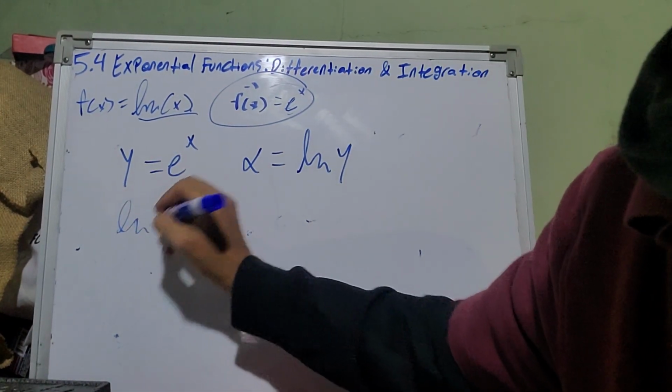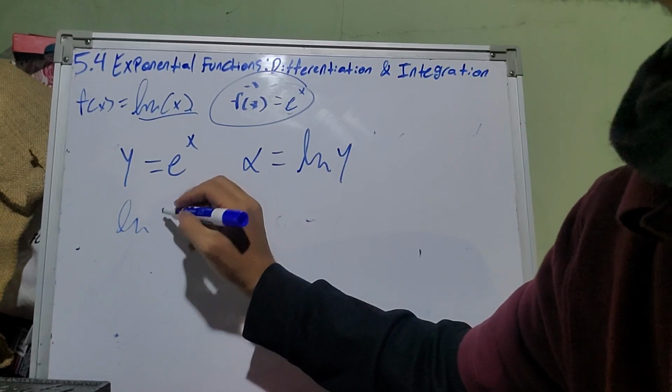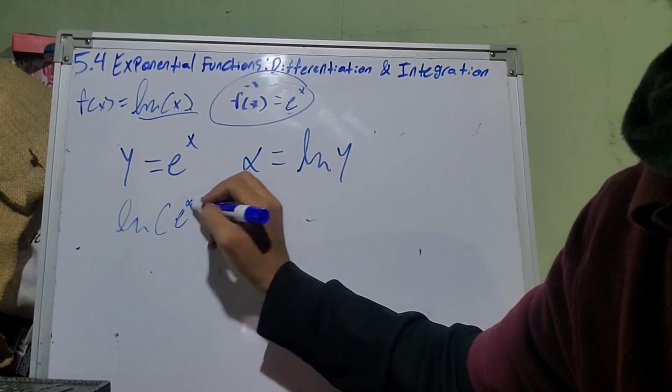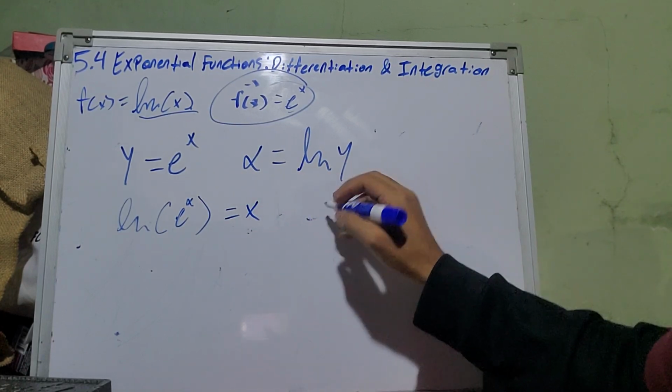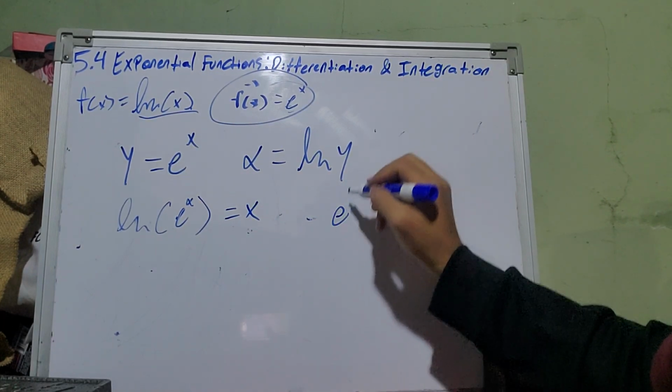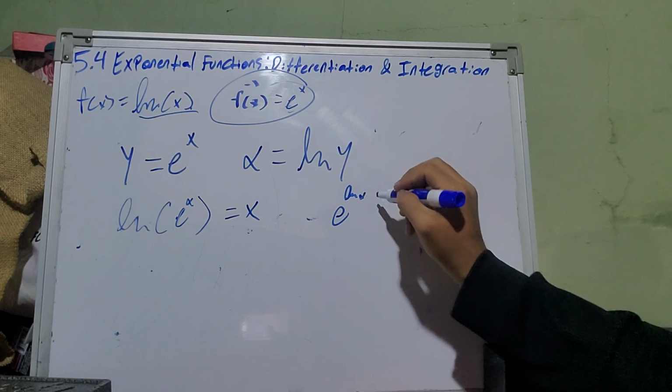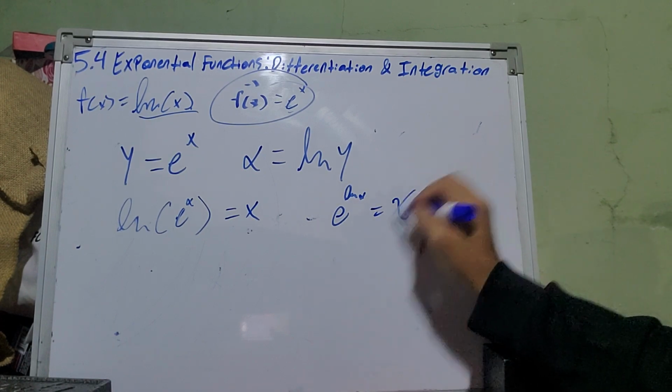Another form we can see this in is ln of e to the x is equal to x, and furthermore, e to the power of ln of x is equal to x.